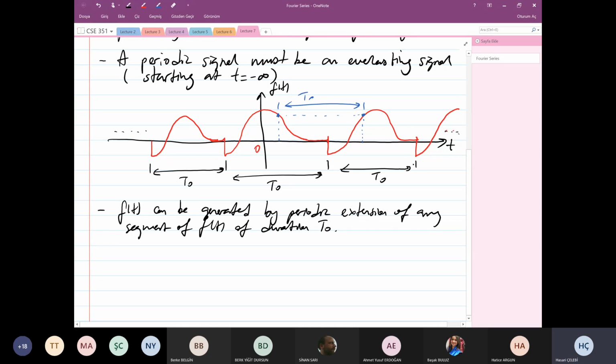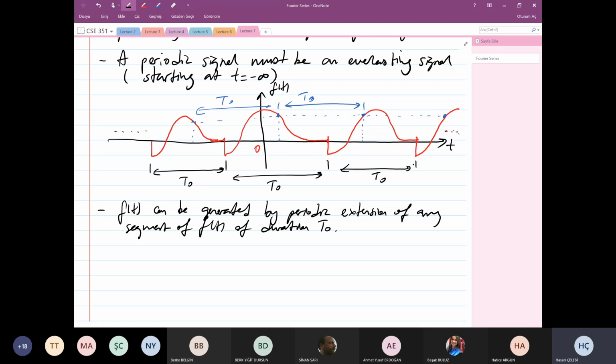If I replicate this part, cutting this part and putting it here again, and putting this portion over here, another T0, I can generate this complete periodic signal by taking any segment of f of t over one T0 duration, and you're going to come up with the same periodic signal.